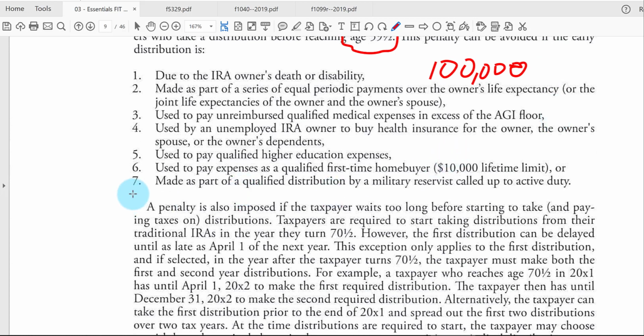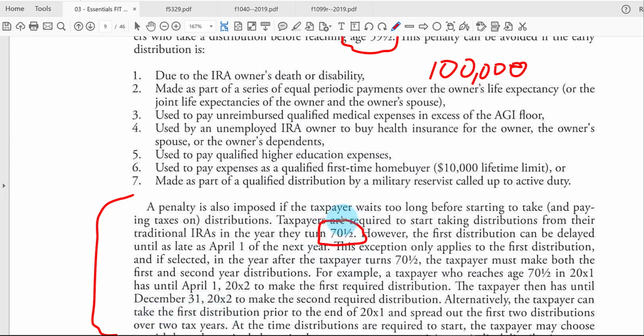Okay, so in this paragraph here, the textbook talks about the government forcing taxpayers to take out money from their retirement account so they are going to be paying taxes. You cannot just indefinitely leave the money in the retirement account. Under the old rule, you have to start taking money out when you're age 70 and a half.